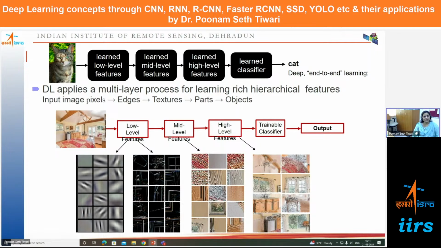So what are low level features, what are mid level features, what are high level features, you can see here. Low-level features can be simple edges. Here you can see the edges are taken out.